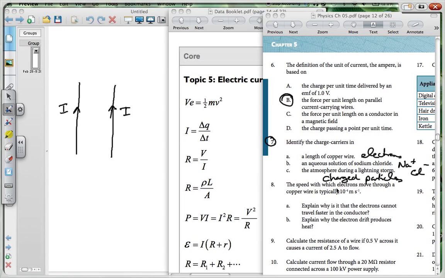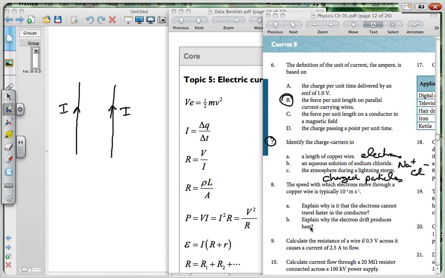The speed with which electrons move through a copper wire is typically 10 to the minus 4 meters per second. Explain why it is that the electrons cannot travel faster in a conductor. Basically what happens is that they interact with the other particles as they are moving through, so there is resistance. And explain why the electron drift produces heat.